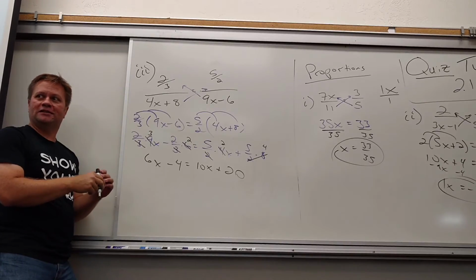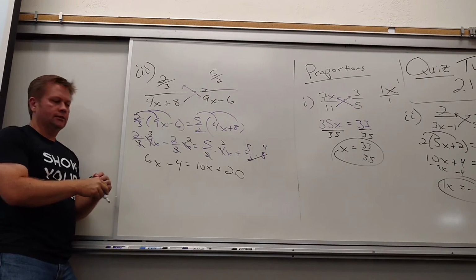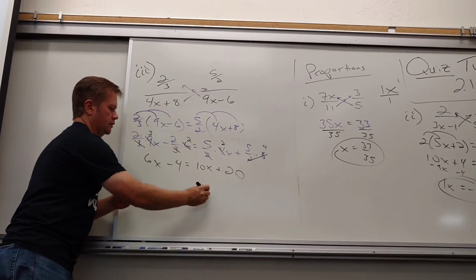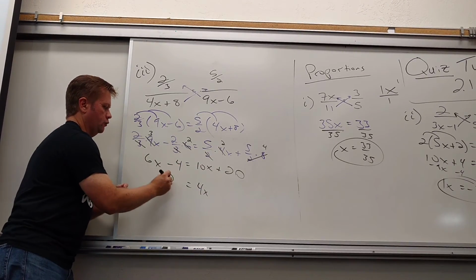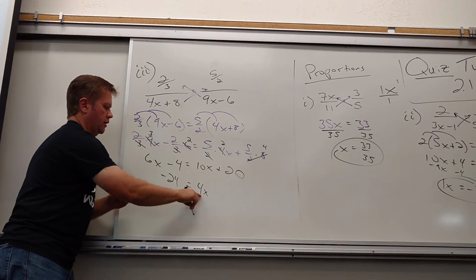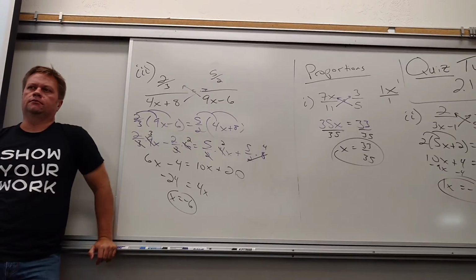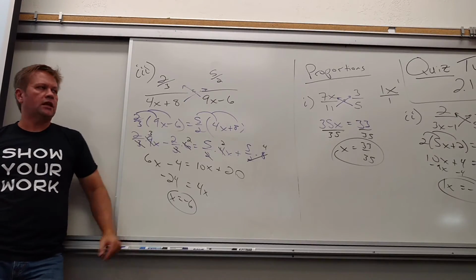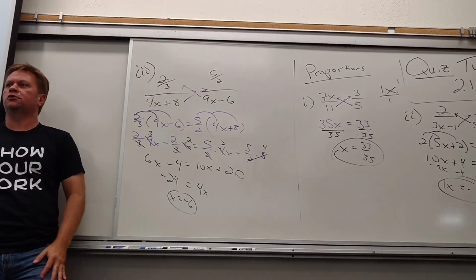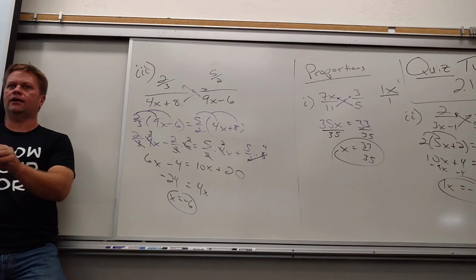It does come out nice. It's crazy. Subtract 6x, you get 4x. Subtract 20, you get negative 24. Divide by 4, you get negative 6. That's awesome. I just came up with this out of nowhere, and it comes out to a nice whole number. You don't understand how unlikely that actually was.